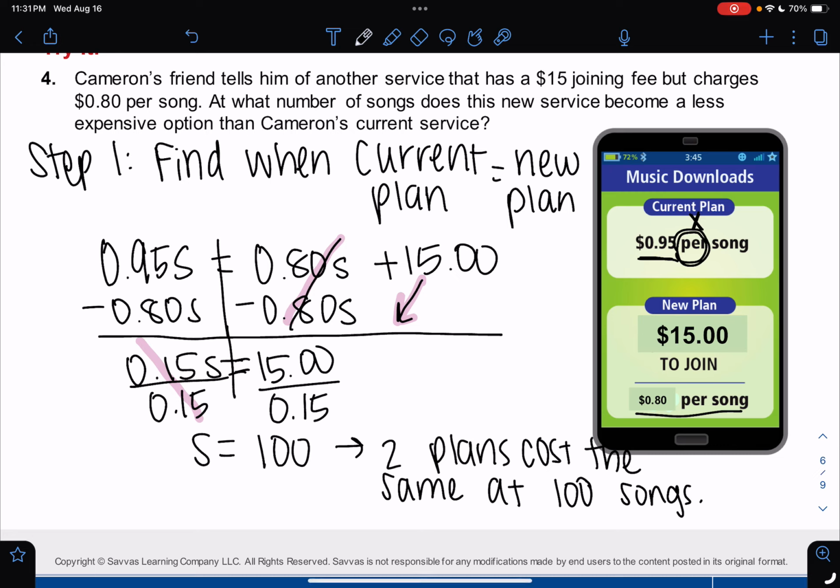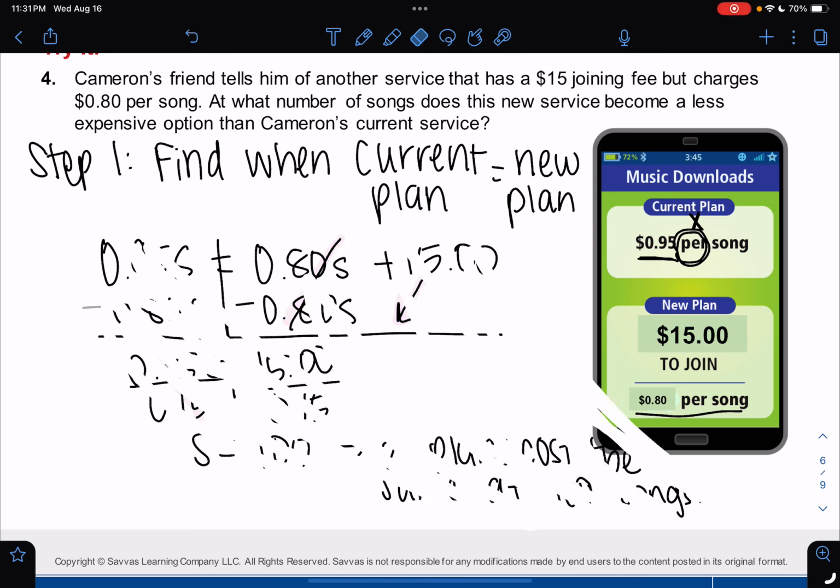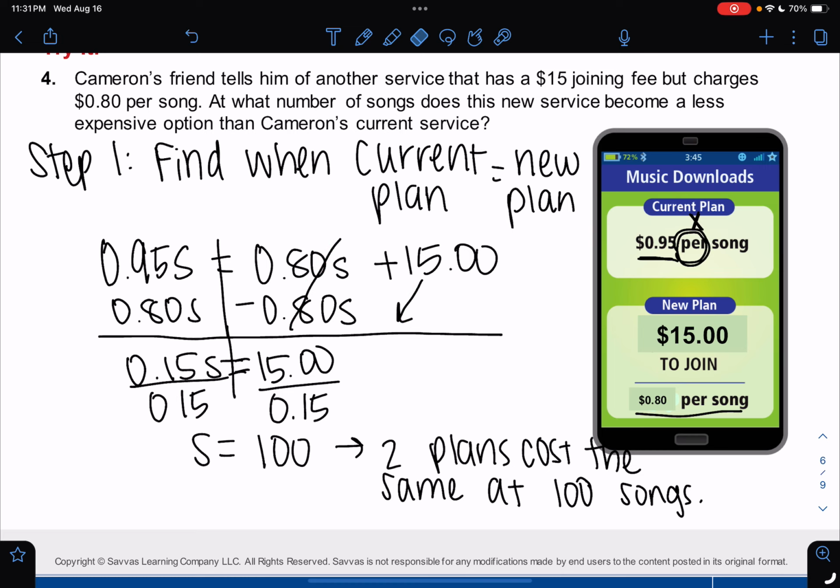Okay, but what we want to know is when should he change to this new plan, right? After how many songs, right? Because we want it to be less expensive. So I'm going to go ahead and erase this and move to our step 2, which is the final step. We know 100 is the equivalent point, right? That's when they're equal to each other.